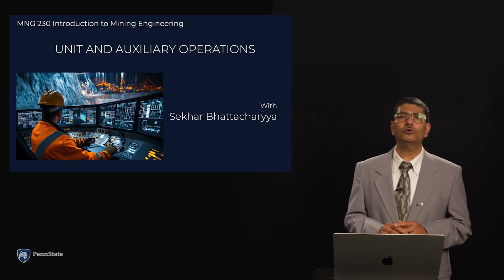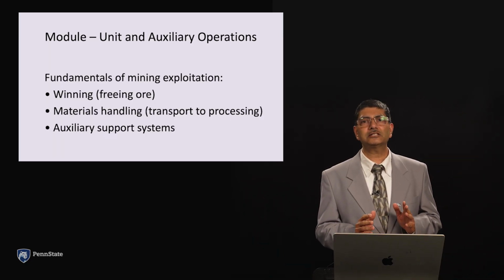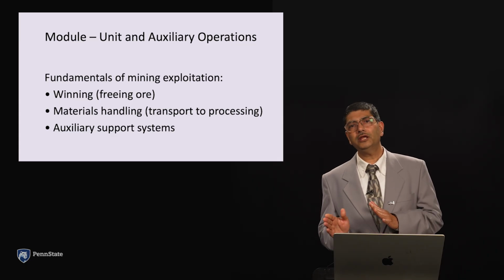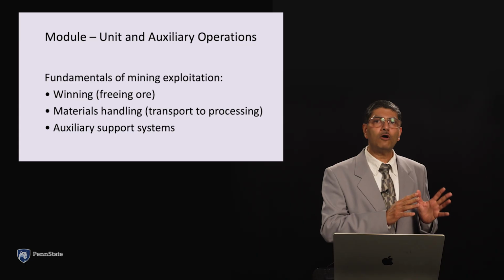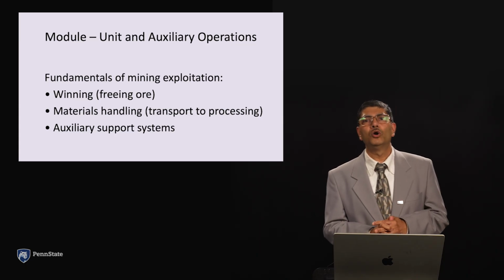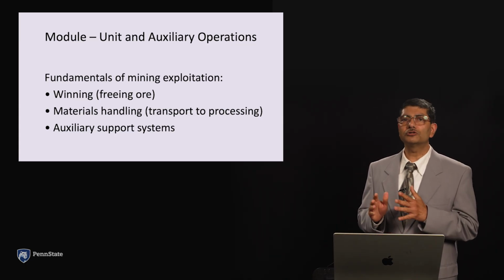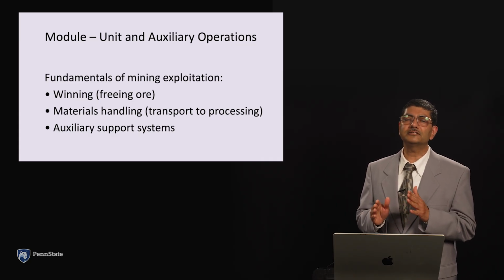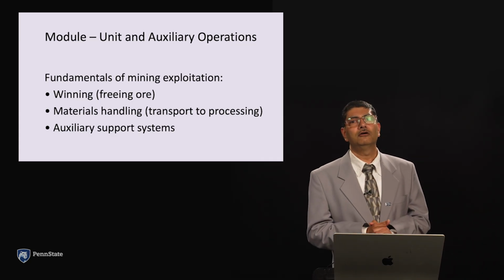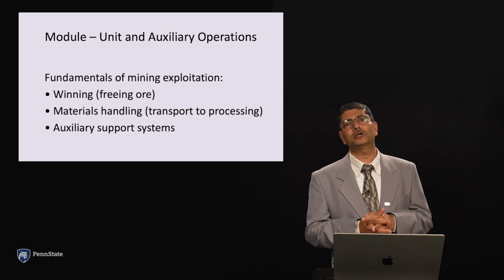Today, we'll explore the two fundamental exploitation operations, winning and materials handling, in the context of both soft and hard rock mining. We'll also introduce the auxiliary operations that support safe, productive and sustainable mining operation. First, we talk about mining exploitation.